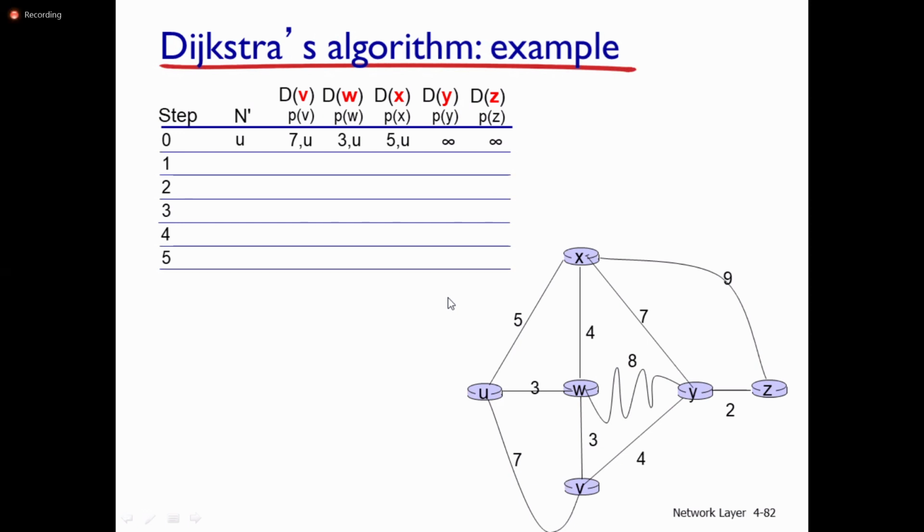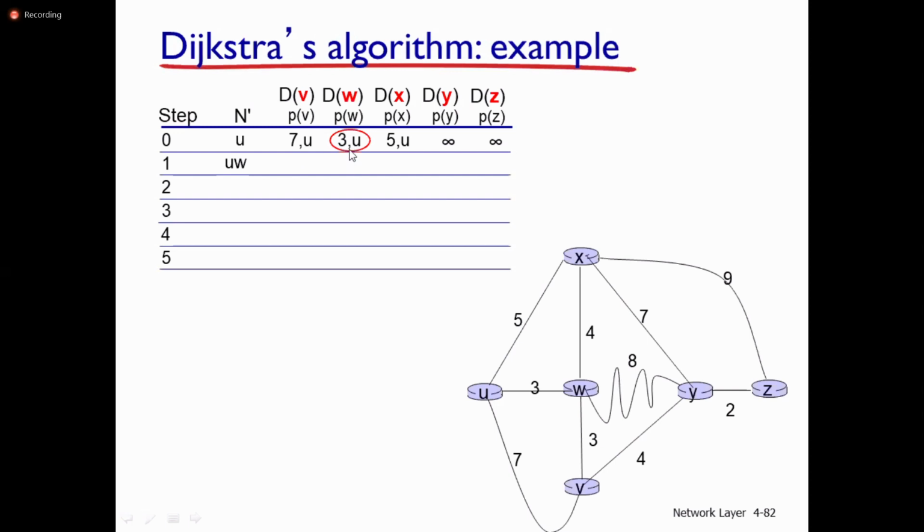Yes, sir. Okay. Here, in the first step, the least one is 3 comma u, right? Among 3, 5 and 7, the least cost is 3. So circle this 3 comma u.